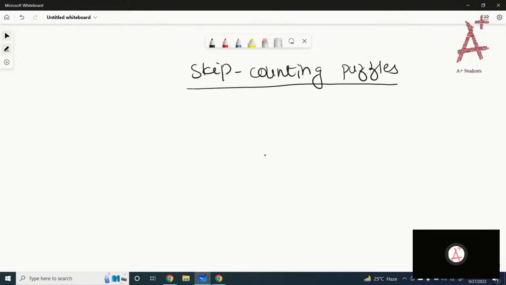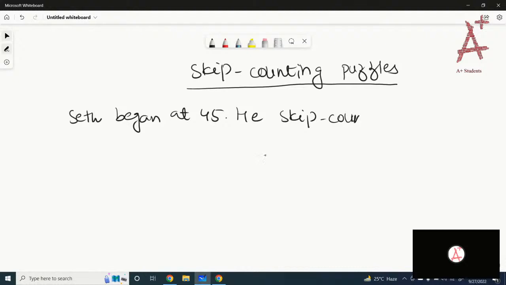He skip counted until he reached 77. Could he have been counting by fives?